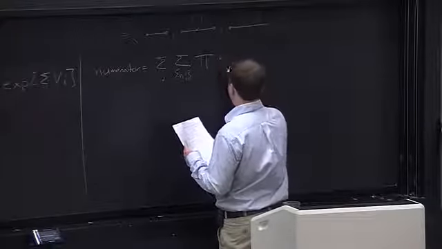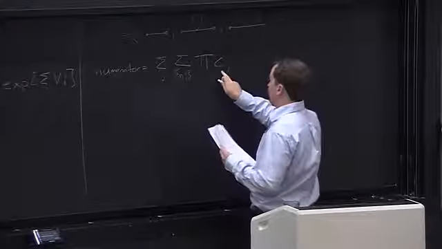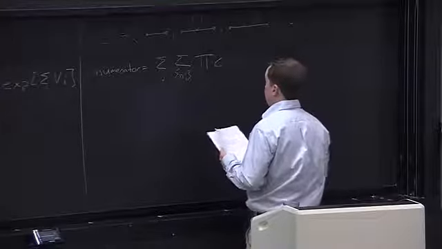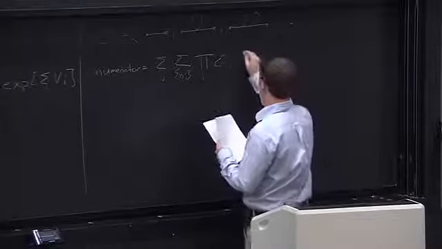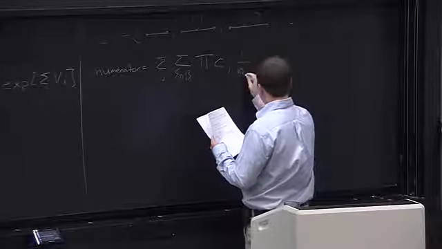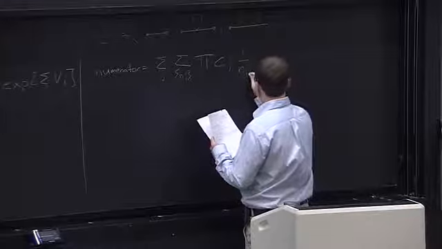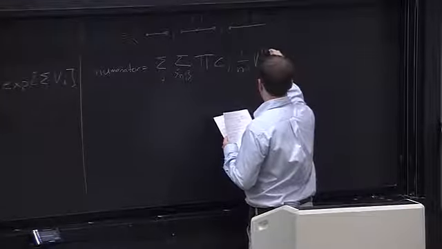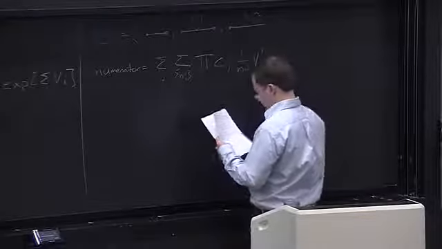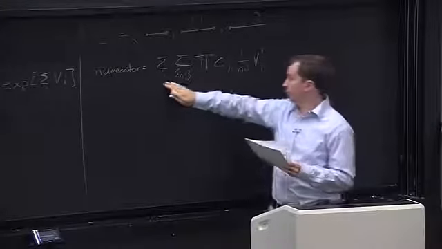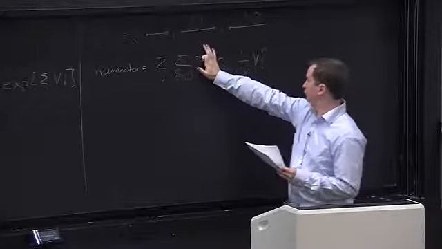So we have one connected diagram with two external points and some number of connected vacuum diagrams. And so the numerator can be written like this. Every single term is going to be of this form.